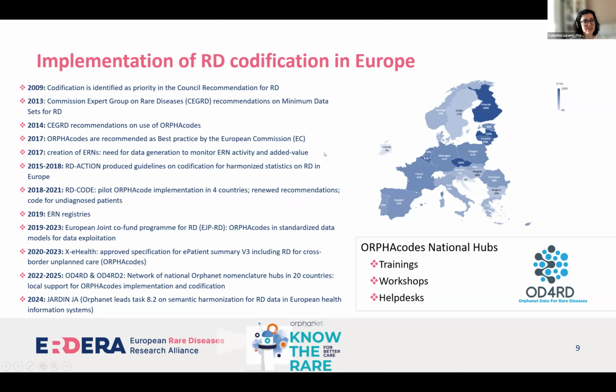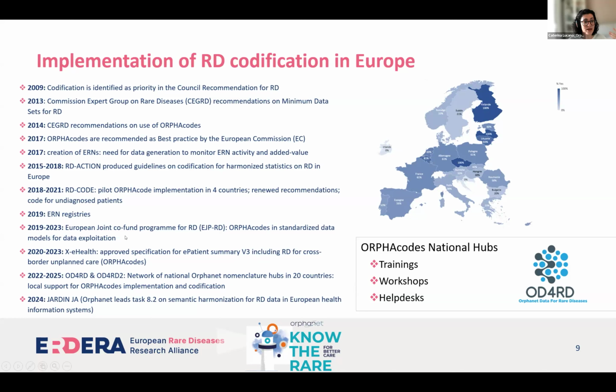This was coupled in 2017 with the creation of ERNs, and in 2019 with the creation of ERN registries, and at the same time, several joint actions supported and produced guidelines on codification for harmonizing statistics on rare diseases. So you have 2015 to 2019, the first action was RD-Action, which produced the first guidelines, and those guidelines were revised by RD-Code in 2018 and 2021.